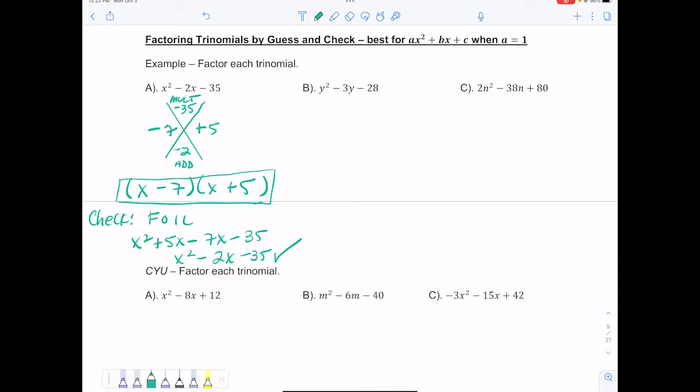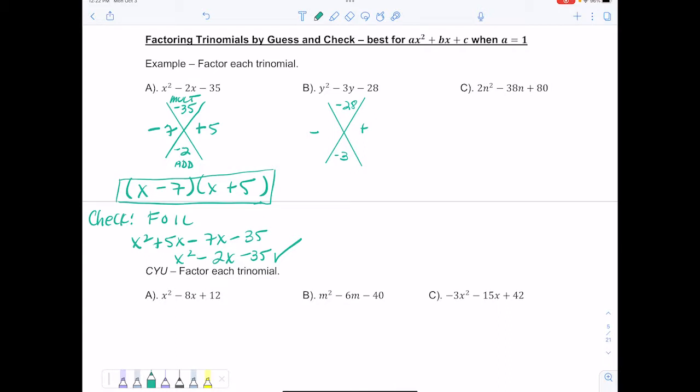Okay, let's try the next one, letter B. I want two numbers that multiply to give me negative 28 and add to give me negative 3. And the sign trick is the first sign you see is a negative, and then multiply the signs together. Negative times negative is positive. So it's a negative and a positive number.